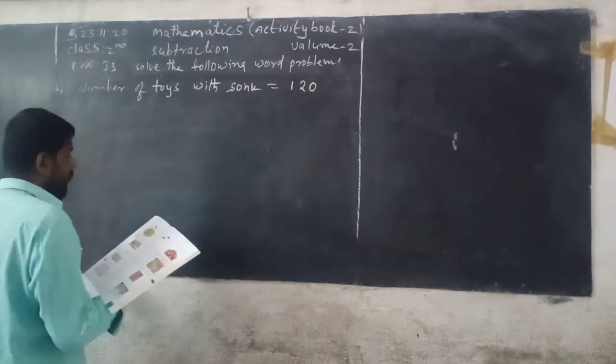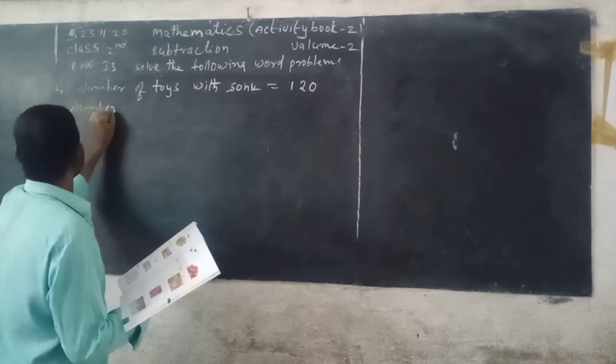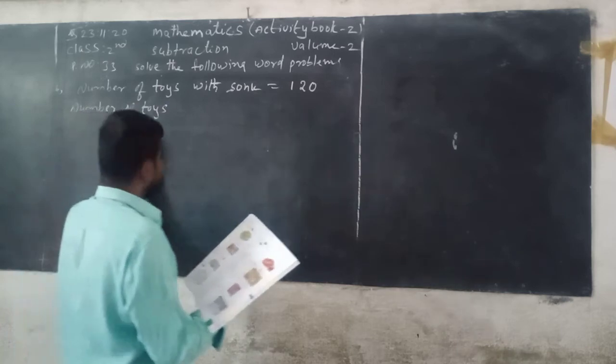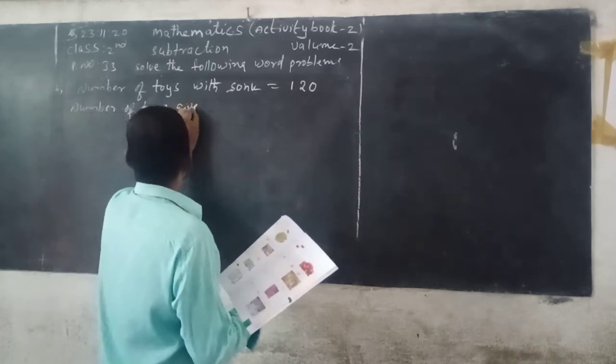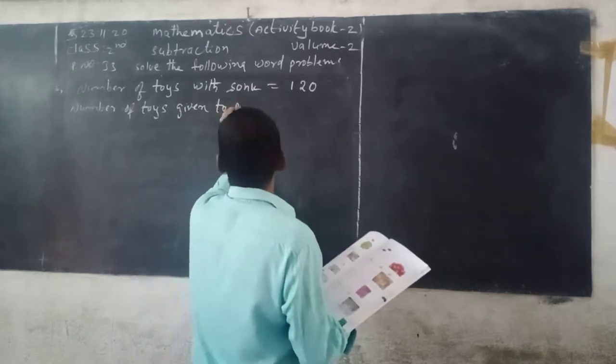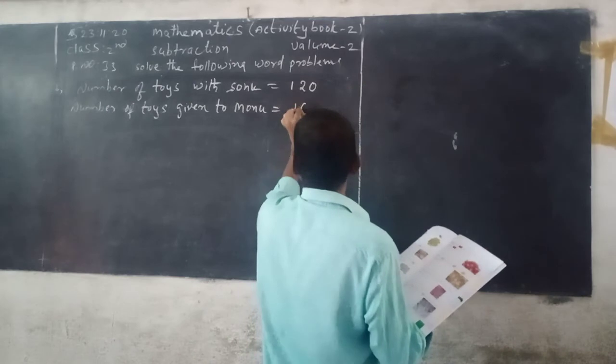Number of toys given to Mono is equals to 18.